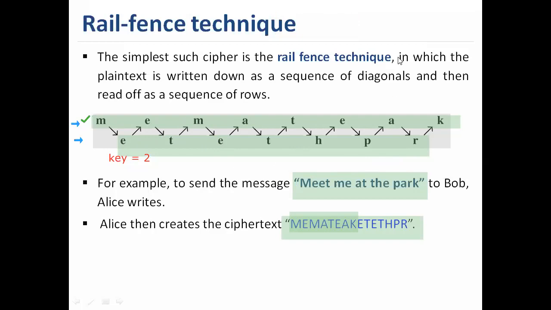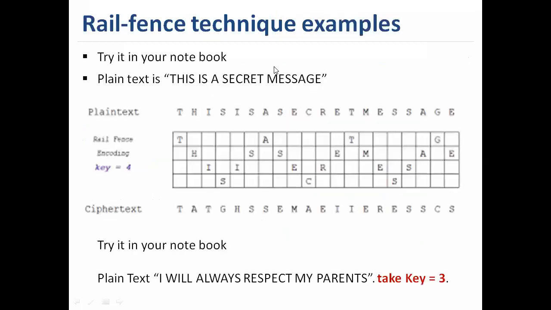Let us have one more example. Now you also try it in your notebook. Take the plain text: this is a secret message. For your convenience, write each and every message in such a form. With respect to the rail fence, we have to use a diagonal.